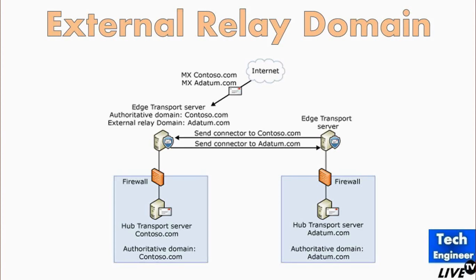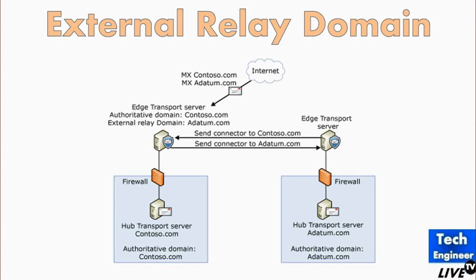It means that the Edge Transport server is not going to process it. Once it finds that the mail is for Adatum.com, it will move that mail to the Edge Transport server of Adatum.com and will not process it further.